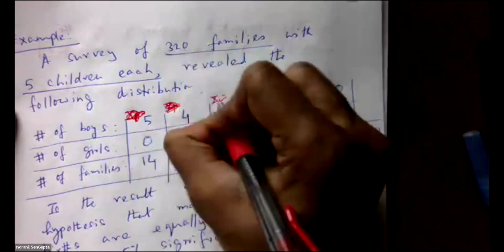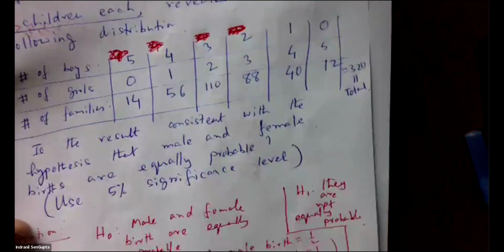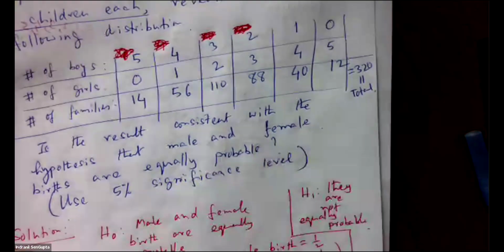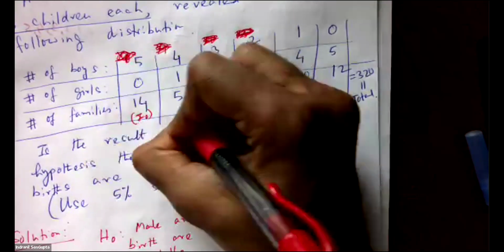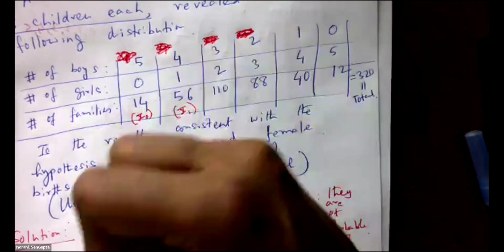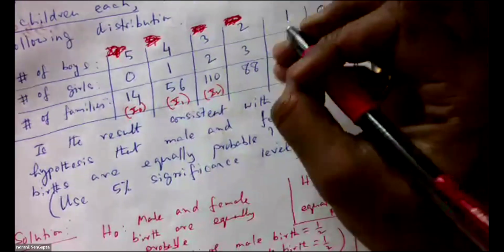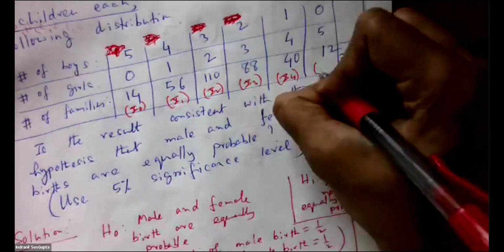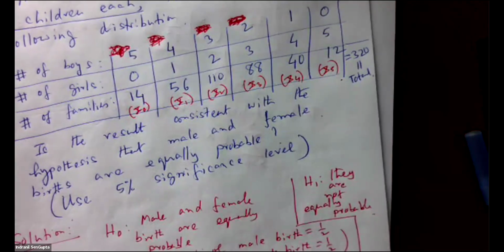Sorry about that. No, it's not right. X is the number of boys in a family of 5 children. So really, it signifies the family number. So X0 is this one, X1 is this one, X2 is this one, X3 is this one, X4 is this one, and X5 is this one. Okay.